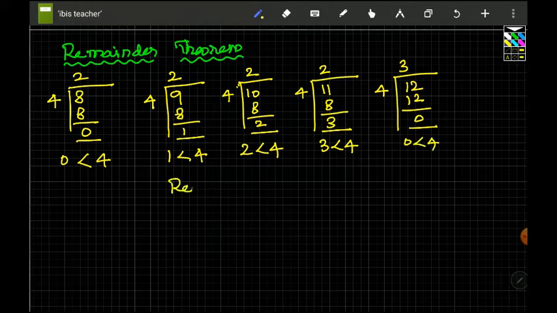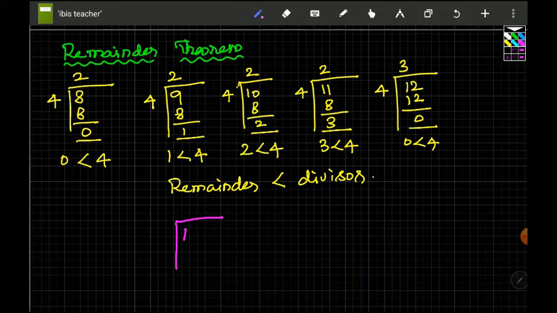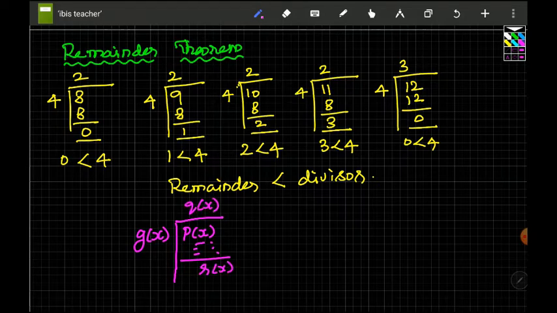So in all the cases, in the case of numbers, the remainder is always less than the divisor. In the case of polynomials, if you divide a polynomial p of x by a divisor g of x, through several steps, because it's a slow division method, you will get r of x, which is the remainder, and q of x, which is the quotient.